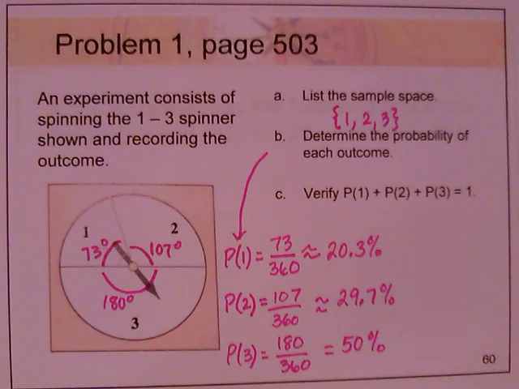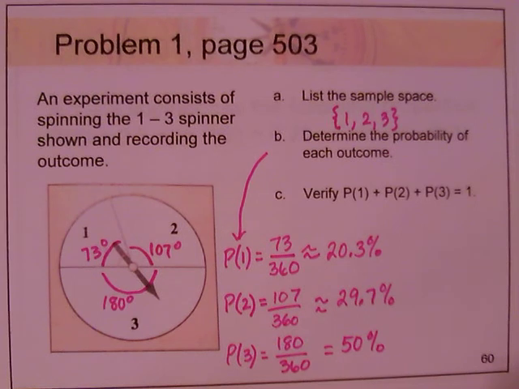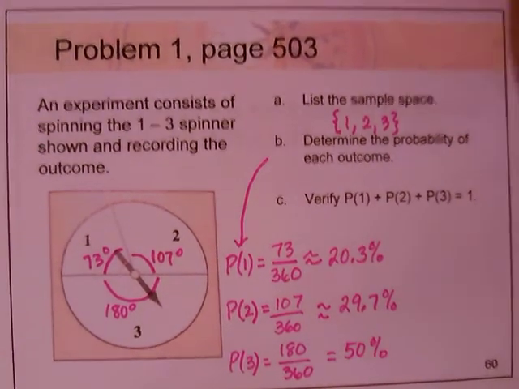Now in part C, they want you to verify that the probability of spinning a 1 plus the probability of spinning a 2 plus the probability of spinning a 3 has to be equal to 1. Okay, this is what I'm going to do. I'm going to bring this down here.